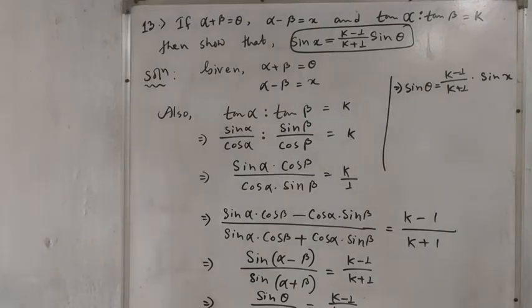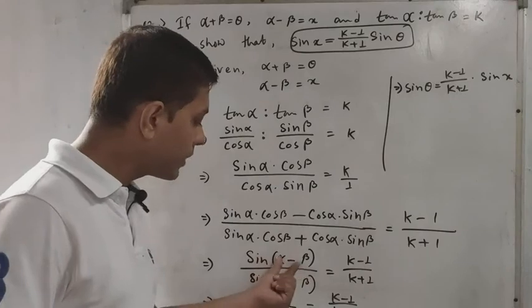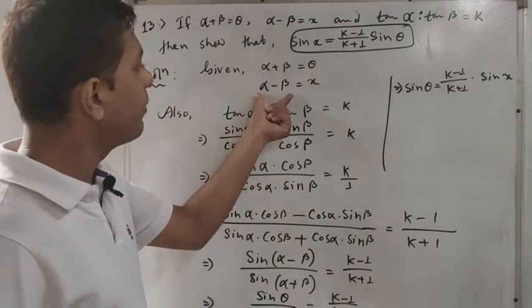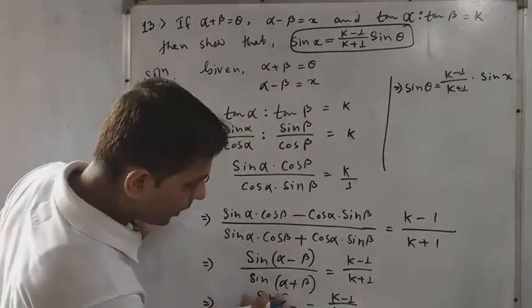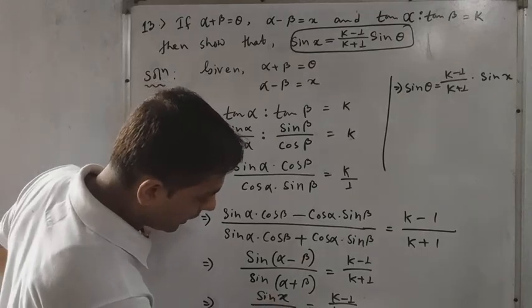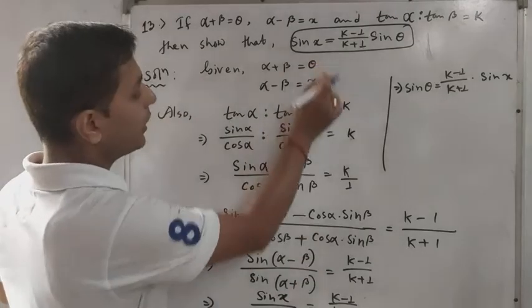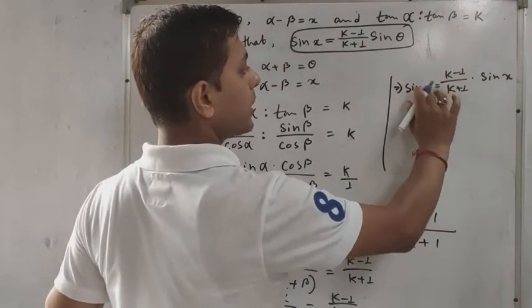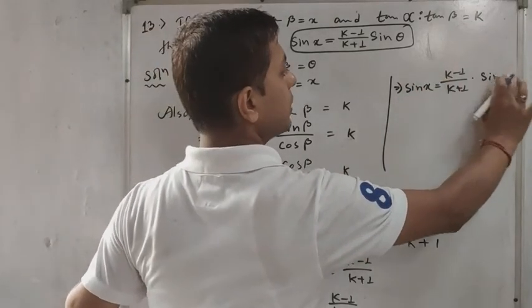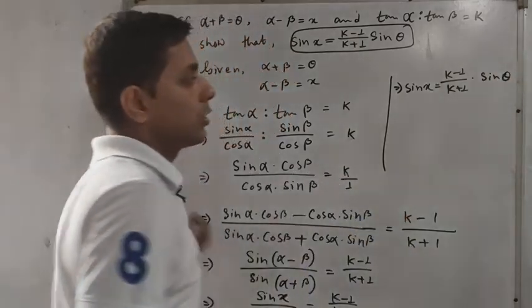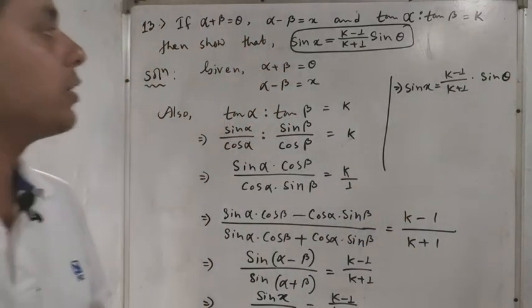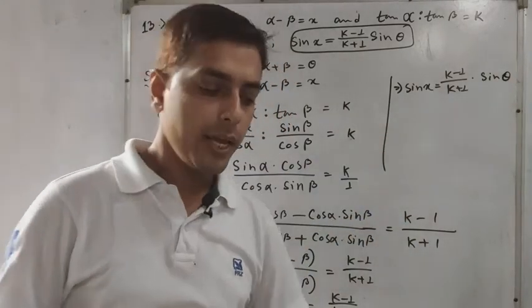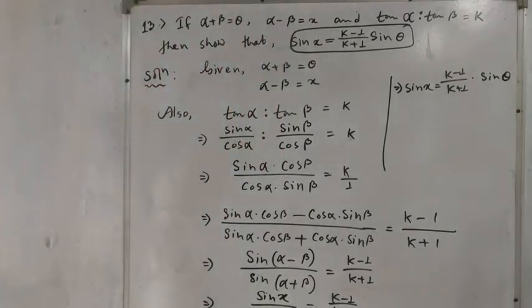Sorry, we have made a slight mistake. Look at sin (alpha minus beta): alpha minus beta is x, so the numerator part will be x. And alpha plus beta is theta, so the denominator part will be theta. Then sin x will be equal to k minus 1 by k plus 1 whole into sin theta. That was the solution, that was to be proved.